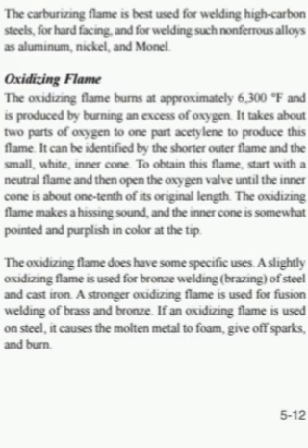To obtain this flame, start with a neutral flame and then open the oxygen valve until the inner cone is about 1/10 of its original length. The oxidizing flame makes a hissing sound, and the inner cone is somewhat pointed and purplish in color at the tip.